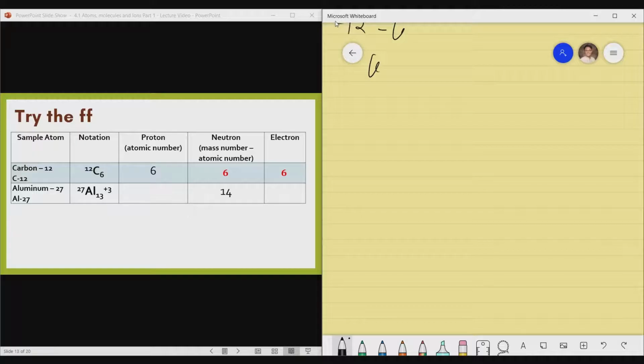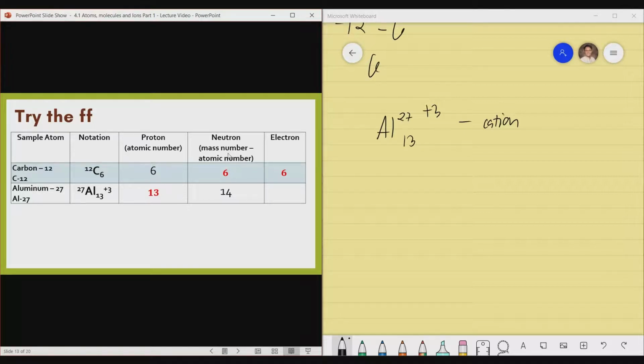Next one, how about aluminum? So we have here aluminum, 27 mass and then 13 atomic number and then positively charged. Isa po siyang cation. So ibig sabihin ng plus 3, nawalan ng electron. Okay, lose electron. So proton number, naalala natin, ang atomic number ay equal kay Z. So that will be 13.